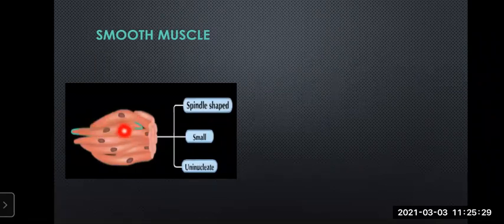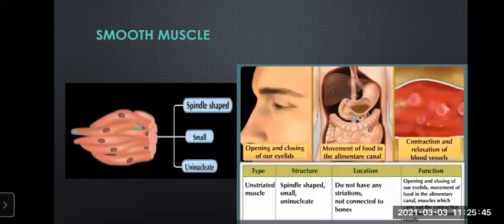These cells are small or short in length, and they have only a single nucleus. Each muscle fiber contains only one nucleus, which is centrally placed. Hence, it is known as uninucleated. So remember the structure: it is spindle shaped, small, and uninucleated.